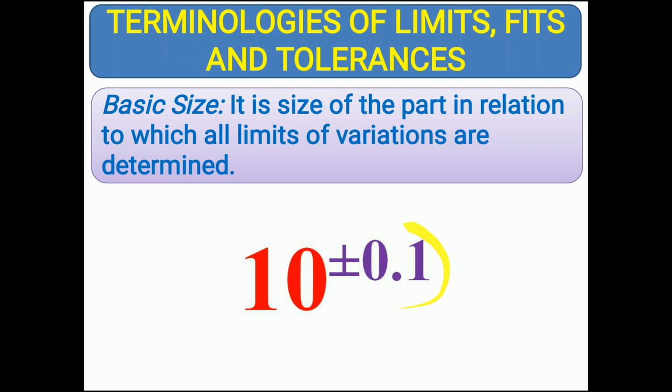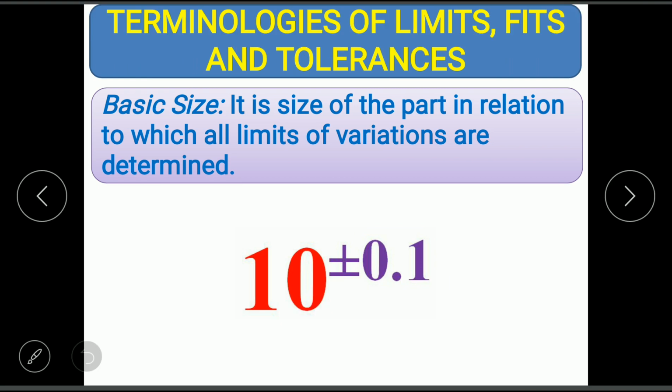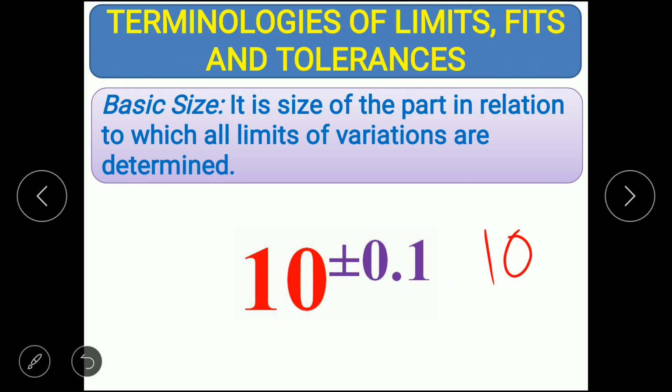That means the maximum dimension can be 10 plus 0.1, which is 10.1, and the minimum is 10 minus 0.1, which is 9.9.